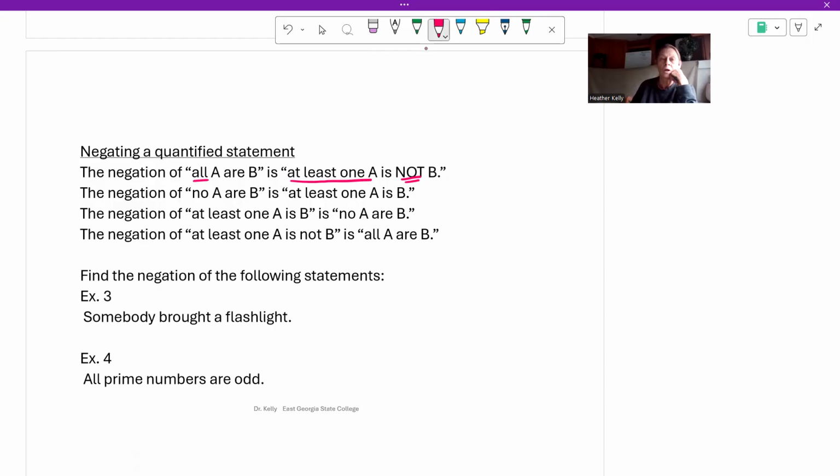So the negation of no A's are B, saying none of you people are paying your taxes, is at least one is paying their taxes. So if we've got none, at least one is. All are, at least one is not. Okay, these are the universal ones.